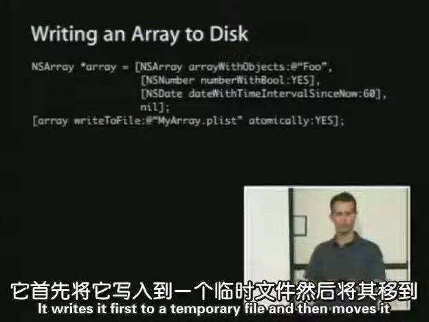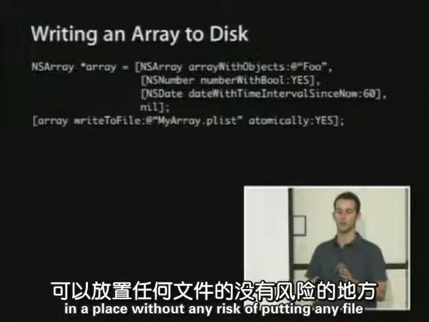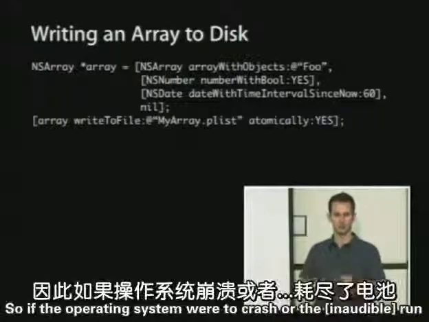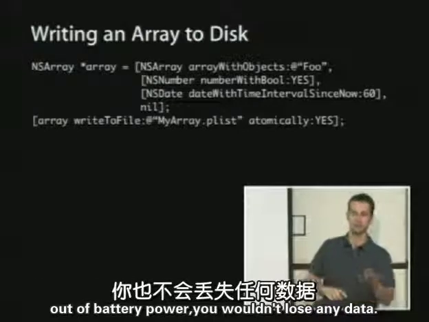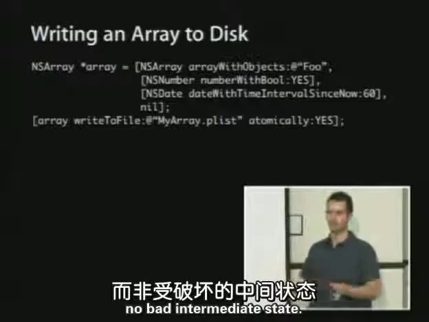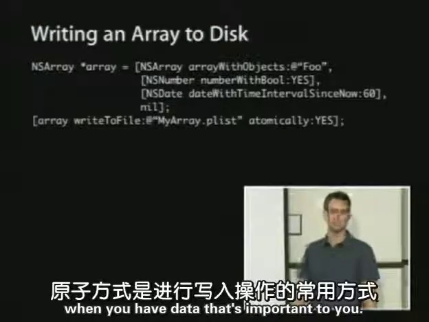It writes it first to a temporary file and then moves it into place without any risk of putting any file that was there previously in an inconsistent state. So if the operating system were to crash or the iPhone run out of battery power, you wouldn't lose any data. You'd either have the data from before or the new data, no bad intermediate state. So atomically yes is a useful thing to write when you have data that's important to you.